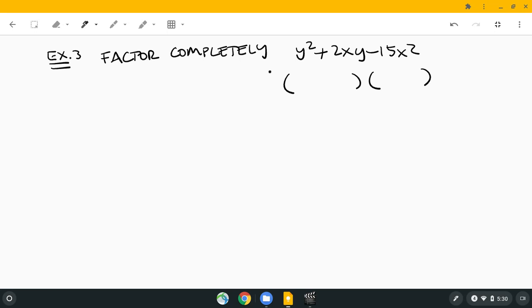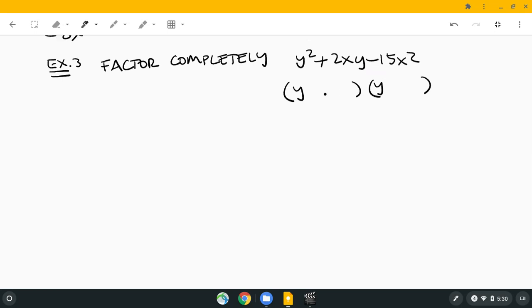There's only one way to make y squared, y times y. Now we want negative 15. We want negative, so that tells me our signs have to be different: one of them will be positive, one of them will be negative.